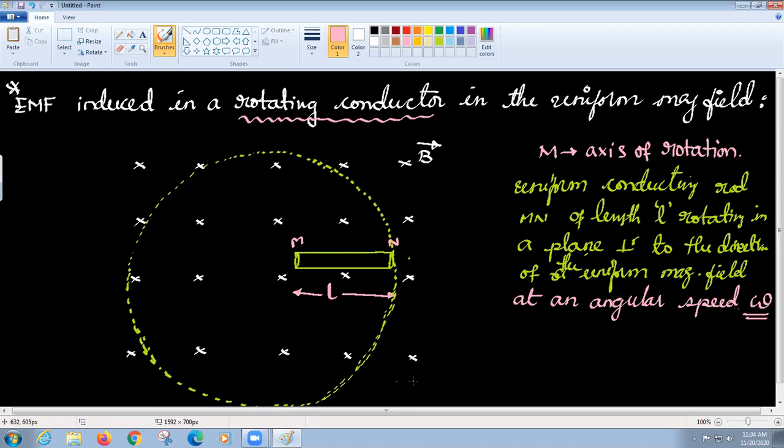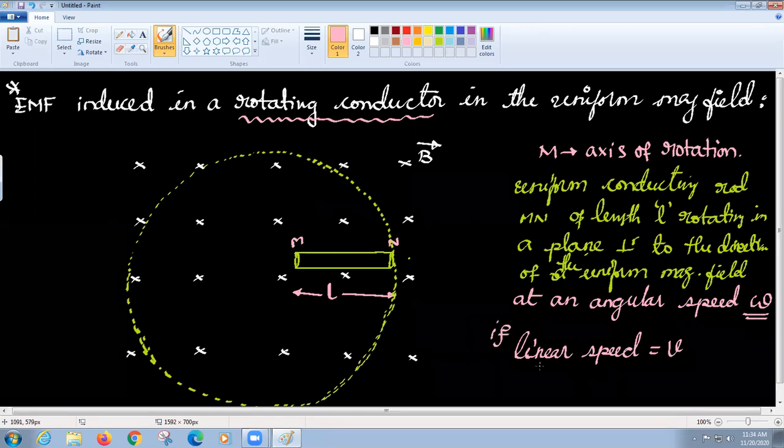If I take my linear speed as v, then the relation between linear speed v and angular speed omega is what, anyone? V equal to r omega. Here r is equal to L, so you get v is equal to L omega.